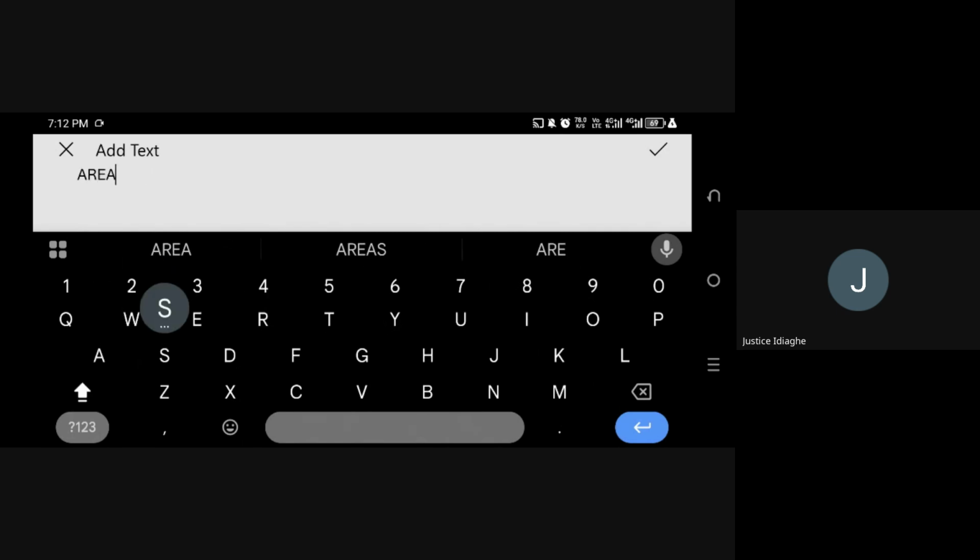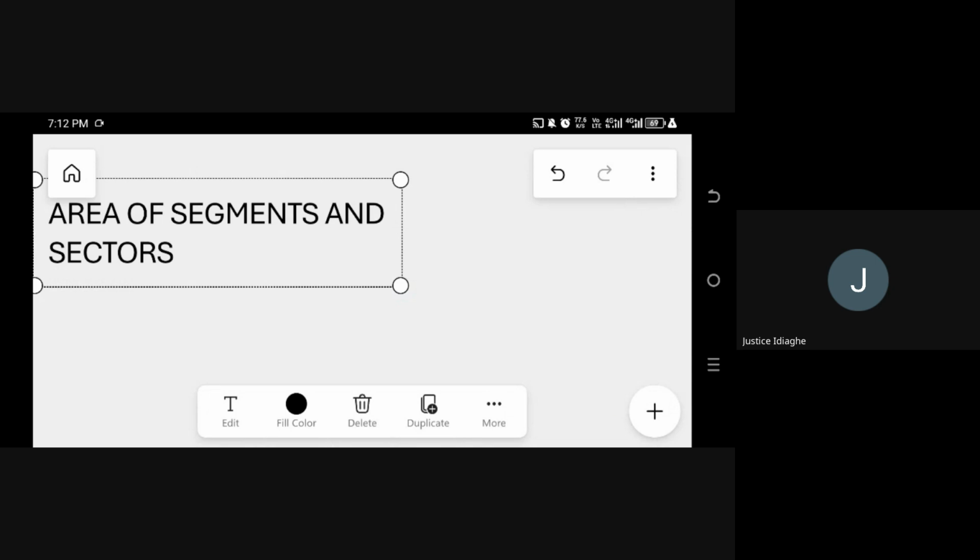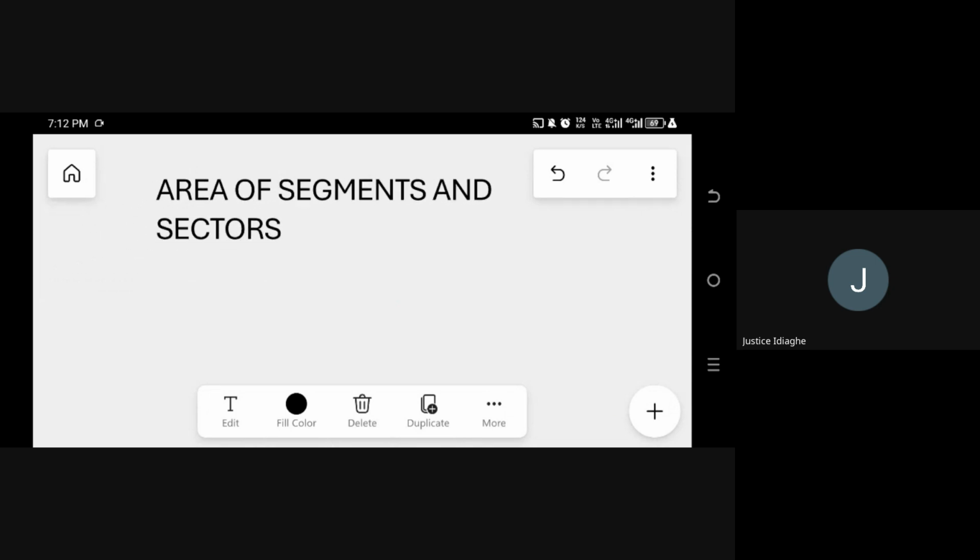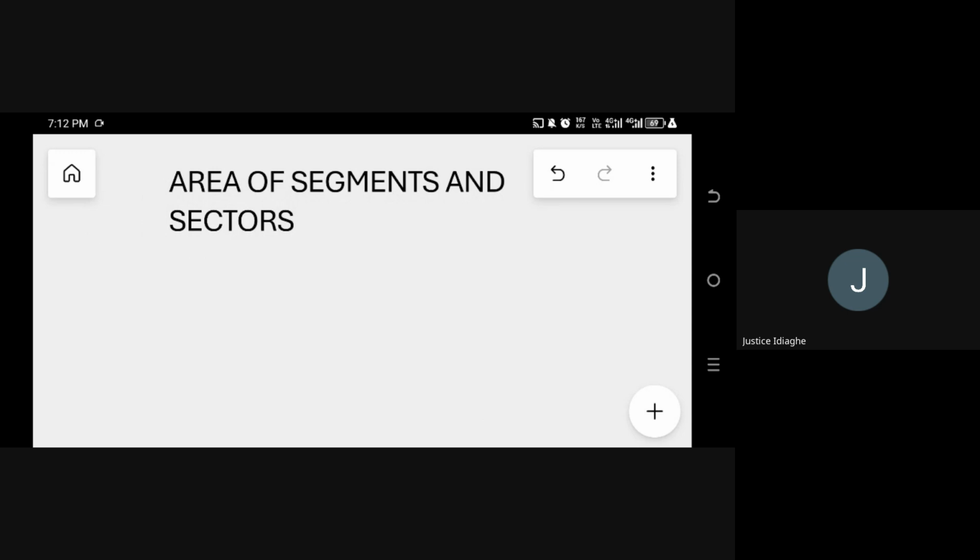Area of segments and sectors. All right, so that's the topic.